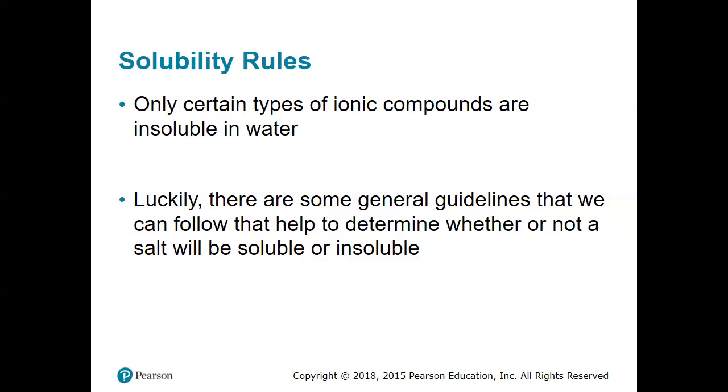And therefore, if we identify it as a product in a reaction, we can identify whether it's going to dissolve in water and therefore stay dissolved, or if it's insoluble in water, we'll see it as a precipitate. Now, within these solubility guidelines, there are three main categories.